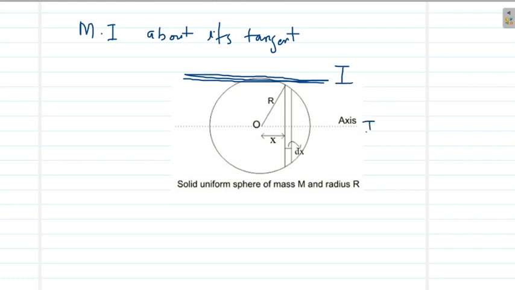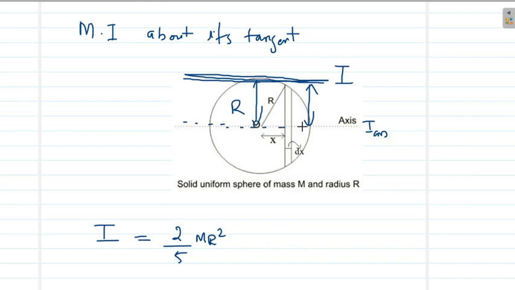I will be ICM plus mass into the distance square. Here the distance between these two axes is the radius itself. So I equal to ICM, which is 2 by 5 m r square, because that is the axis which passes through the diameter of the sphere, plus the mass of the sphere into the distance square. Now this is equal to 7 by 5 m r square.